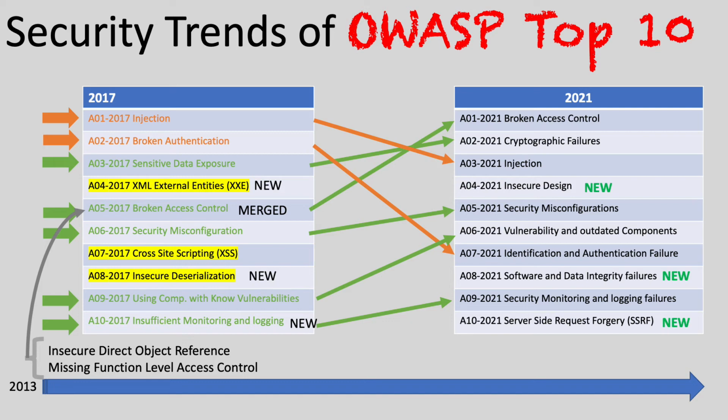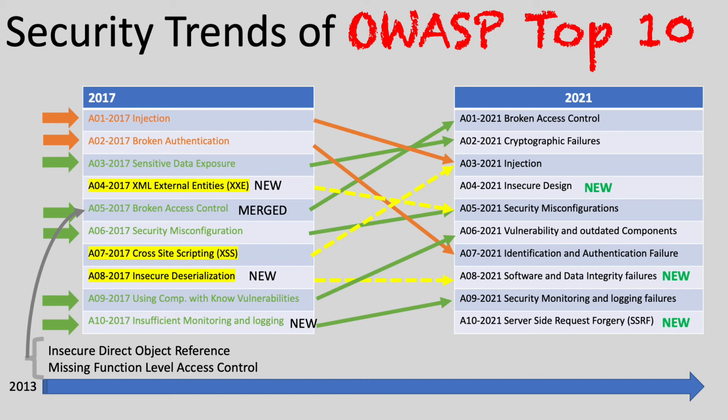Also, if I look at 2021 here, you'll see there are a couple of new ones as well. I'll touch base on those in a minute, but I just want to quickly highlight that there were a number of things in 2017, such as XML external entities, cross-site scripting, and insecure deserialization, the ones that I've highlighted in yellow.